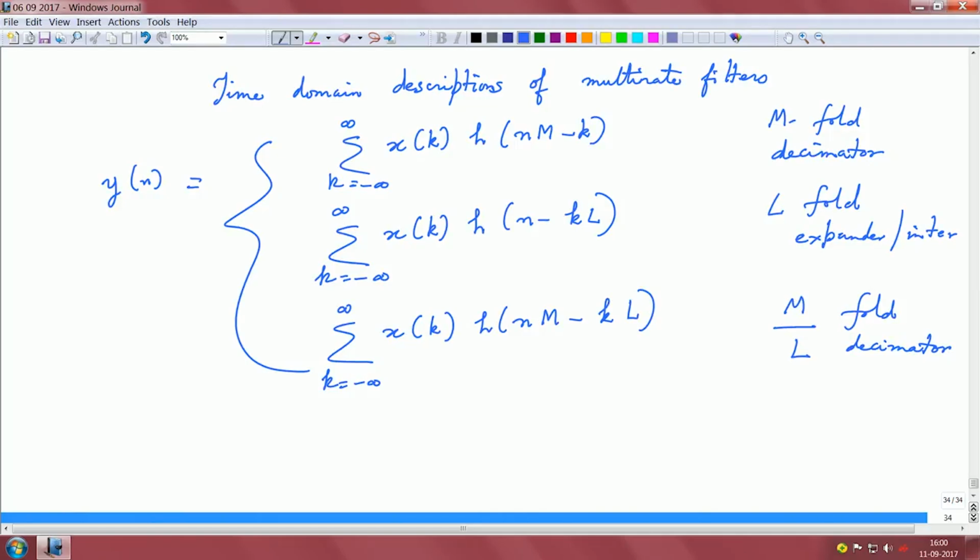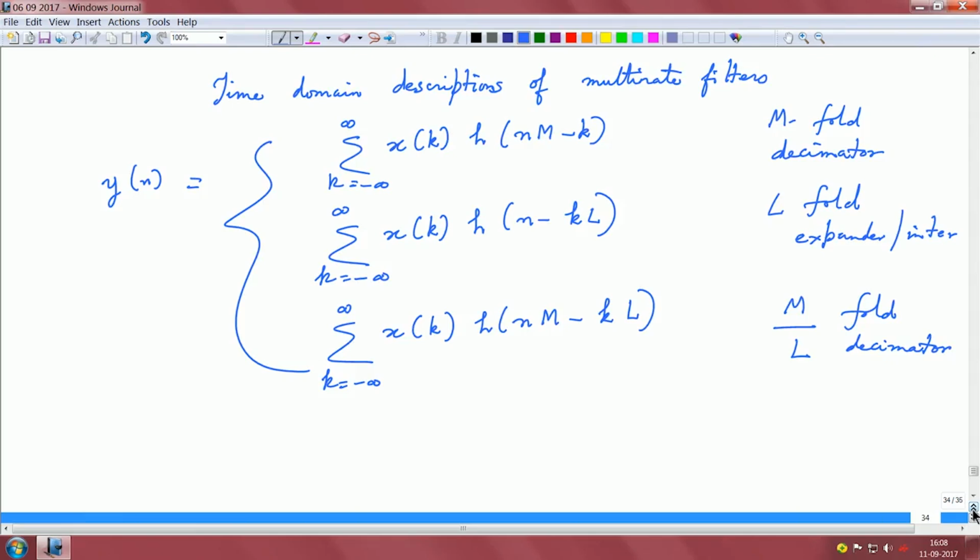And whichever is convenient to you, if you were to go in the time domain or in the frequency domain, feel free to adopt whichever path you would like to choose. That makes it easier for you to understand and interpret the flow of the signal through multirate operations along with filters. Okay. What we have to interpret here in these multirate operations is, we have filters along with them, right.